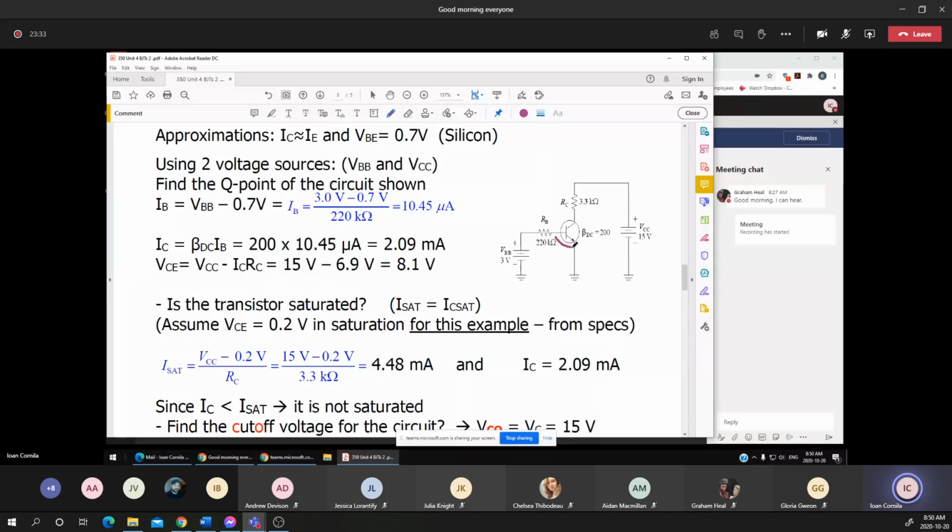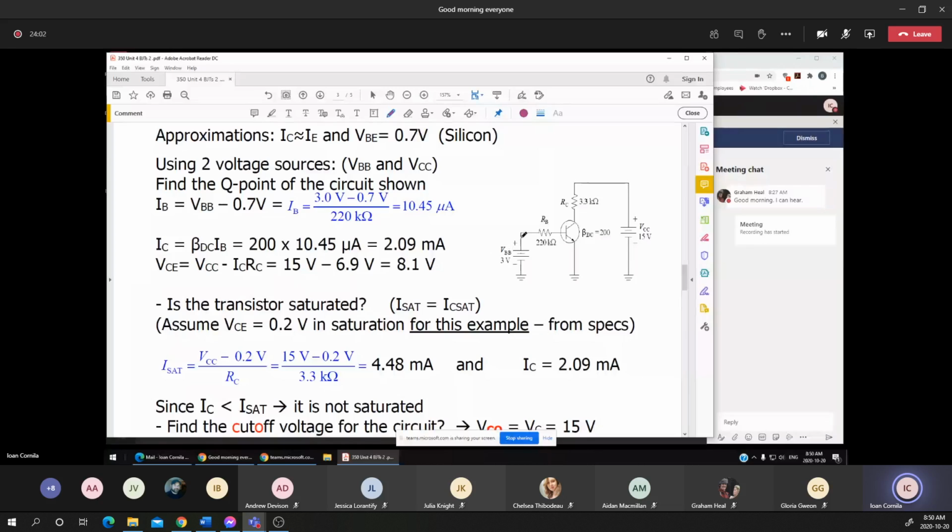Remember that I have to have those conditions in order to place the transistor in the linear region or the active region. The base emitter junction must be in forward bias, and the base collector has to be in reverse bias. Knowing those two conditions, we can use two different voltage sources.